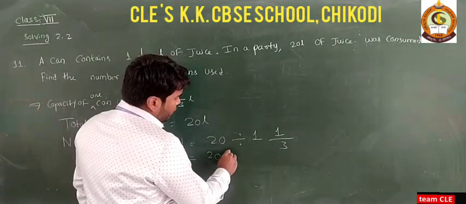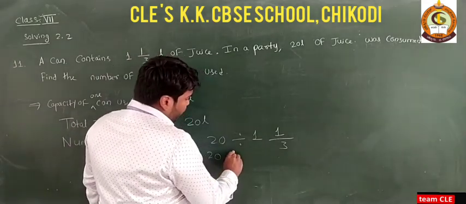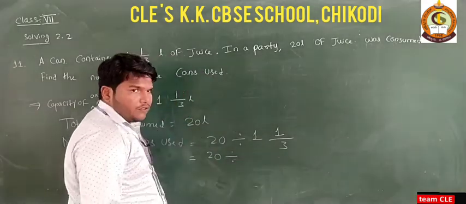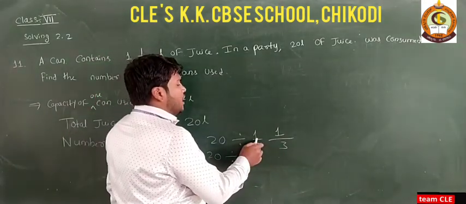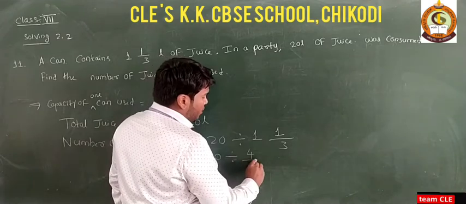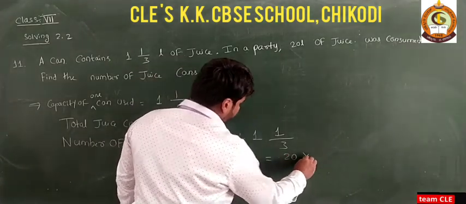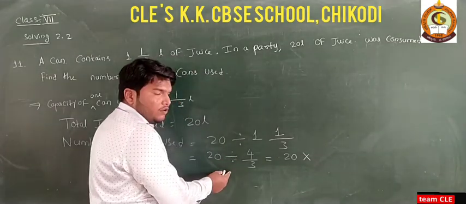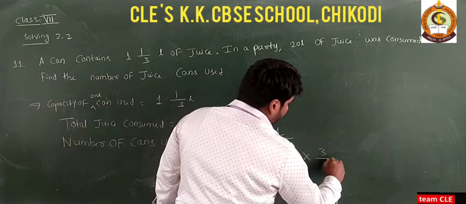Okay, so now take the reciprocal. First you convert this mixed fraction into an improper fraction. So 3 ones are 3, 3 plus 1 is 4 by 3. Okay dear students, now you can write 20 into, so this division sign converts into multiplication, 20 into 3 by 4.